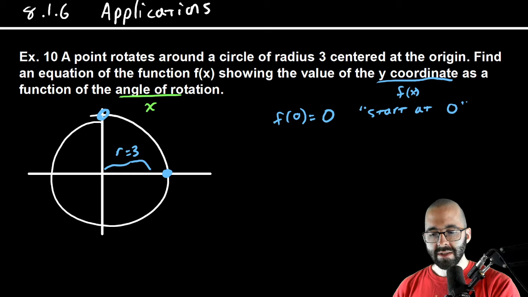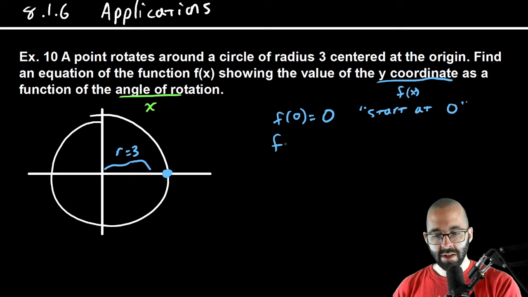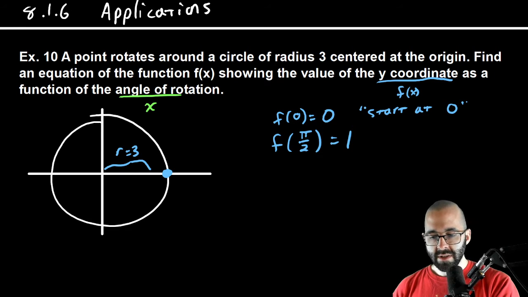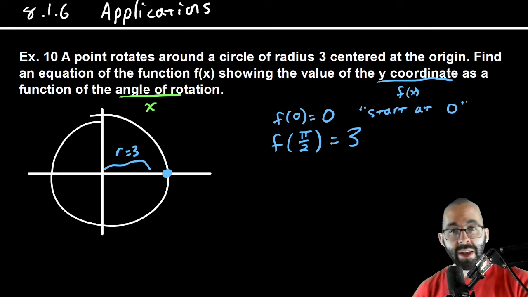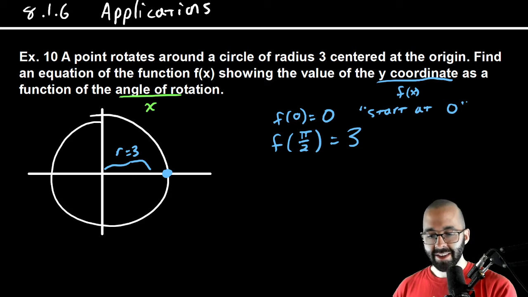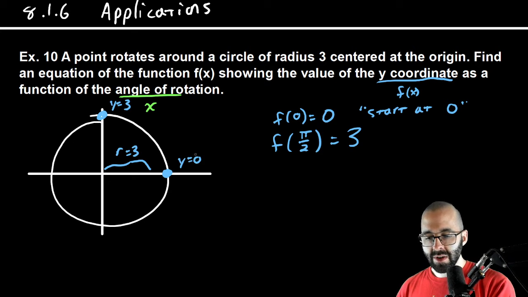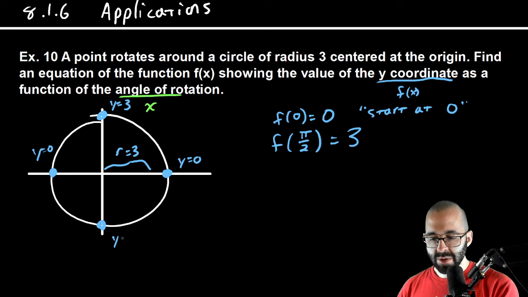And as it increases, when the angle is 90 degrees or pi over 2, the y coordinate is 1. Well, no, it's not. On the unit circle, it'd be 1. But we have a radius of 3 right here, so here, y equals 3. Here, y equals 0. Here, y equals 0 again. And here, y equals negative 3.